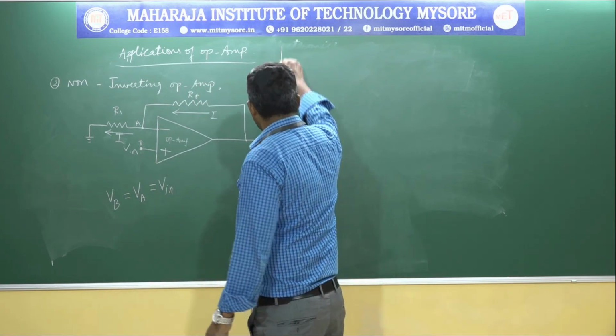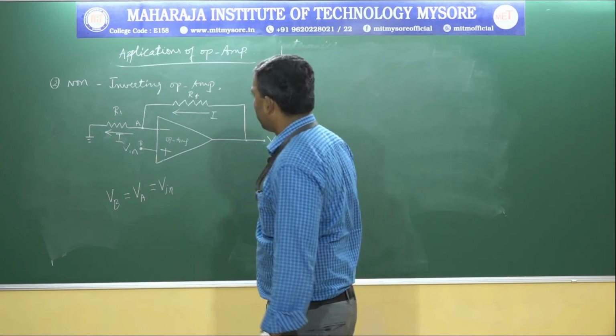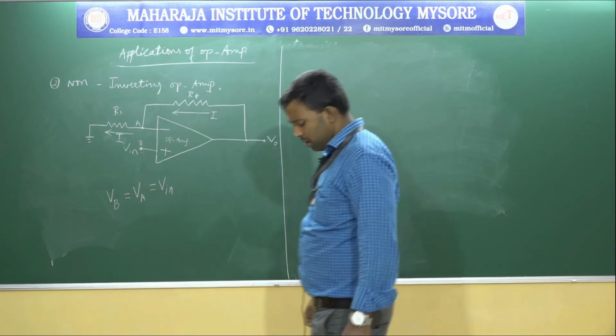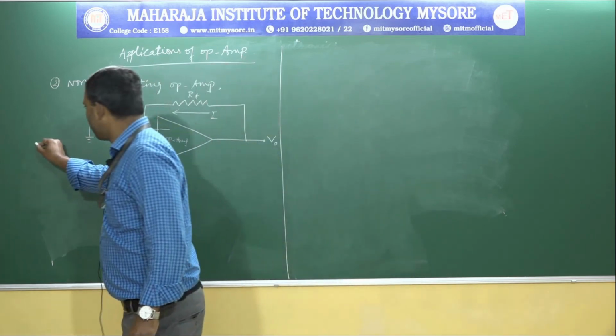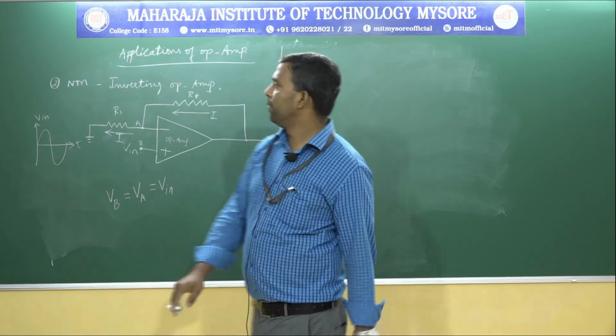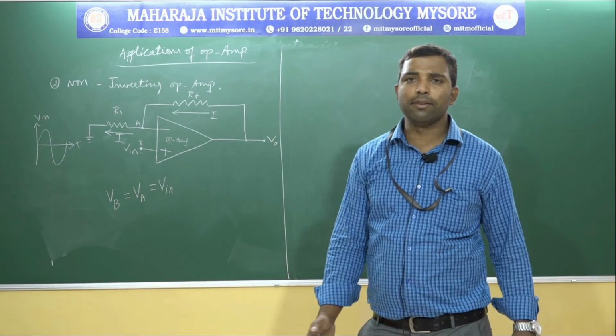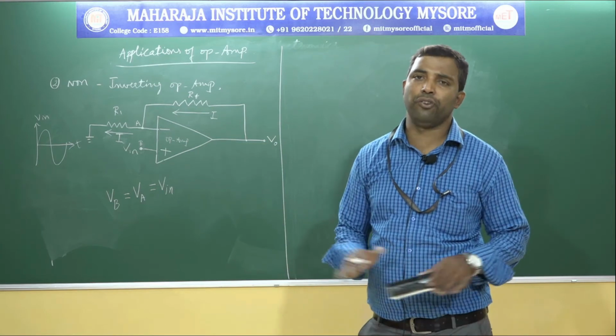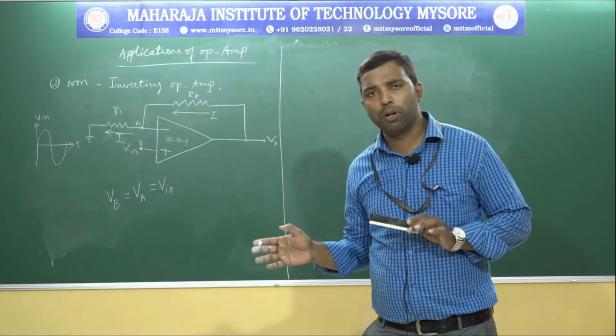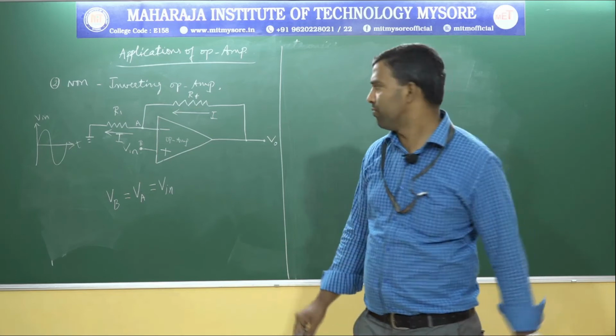Let us consider the derivation of the non-inverting op-amp. Here the input is considered a sine wave. The name non-inverting means input and output are in the same phase. There is no phase shift. Both input and output are in the same phase.